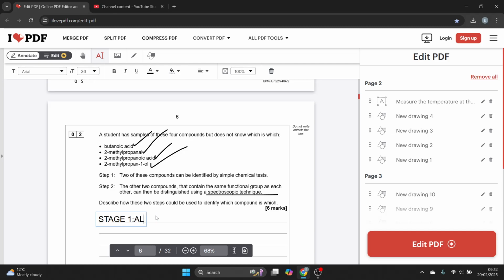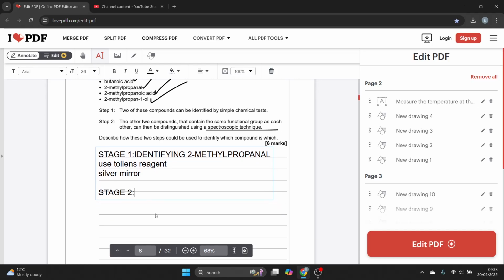So stage 1, identifying the aldehyde, 2-methylpropanal. So use Tollens' reagent, silver mirror, or you could use Fehling's solution, orange-red precipitate, but Tollens' reagent is what I like to use.